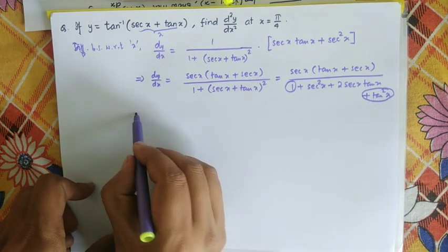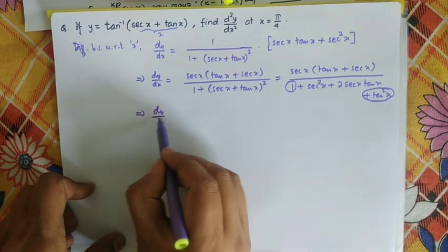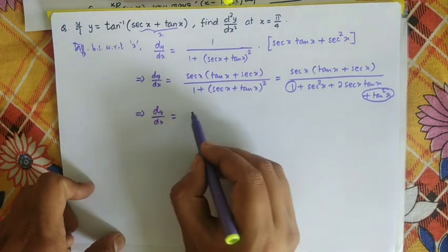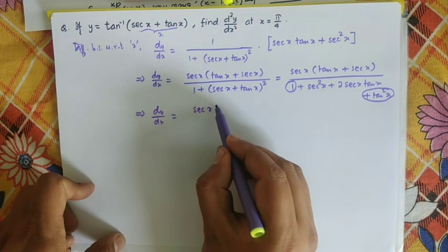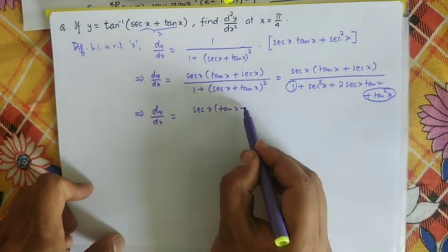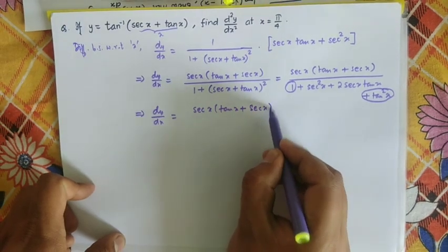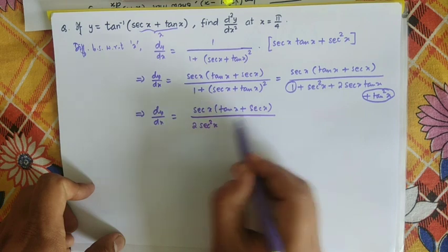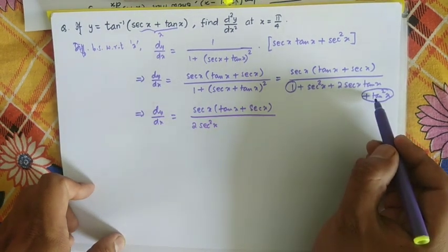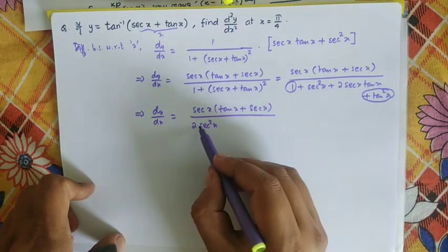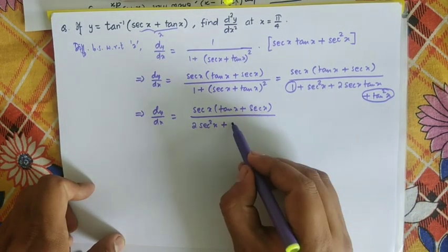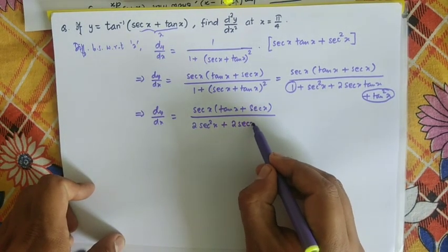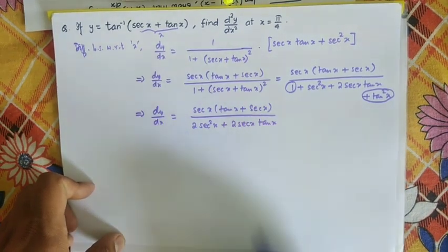So I have dy by dx equals, numerator as it is, sec x into tan x plus sec x. In the denominator we get 2 sec square x, since 1 plus tan square x is sec square x, and along with this it is 2 sec square x plus 2 sec x tan x.